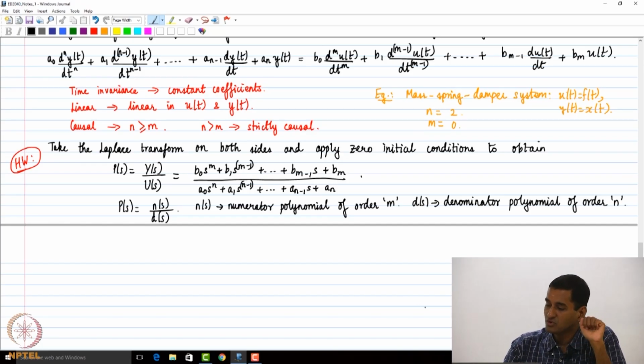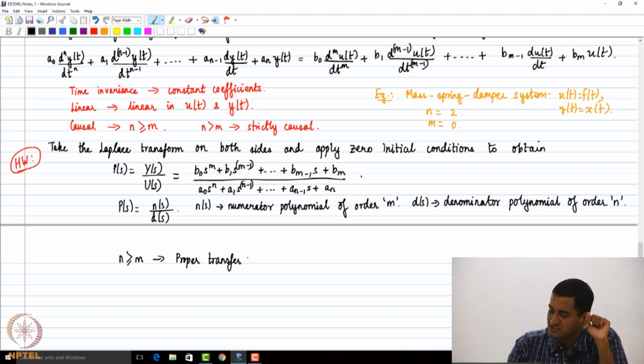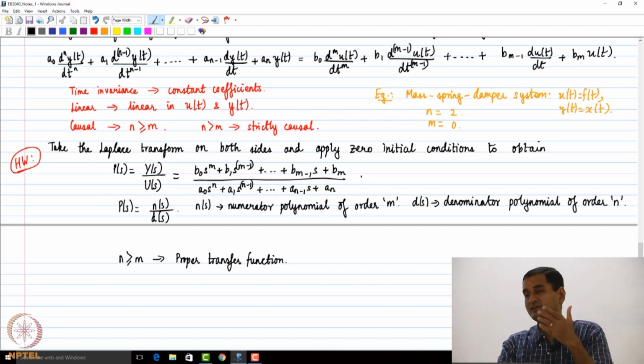Okay. So when n is greater than or equal to m for a causal system, we are going to have what is called a proper transfer function. A transfer function is said to be proper when the order of the denominator polynomial is greater than or equal to the order of the numerator polynomial. In this case anyway we are dealing with causal systems, so that's going to be true. For the class of systems that we are going to deal with, we are going to get proper transfer functions.